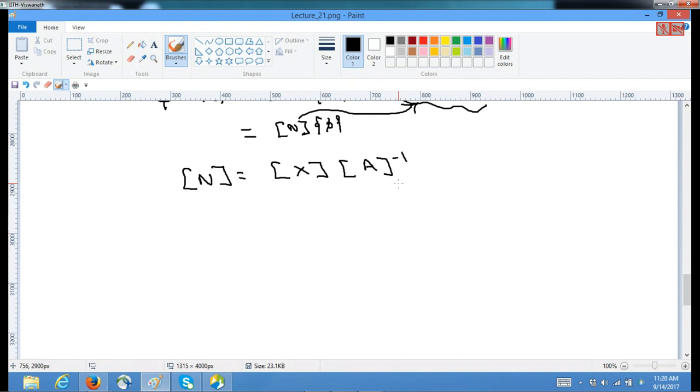So now one can develop these shape functions appropriately.